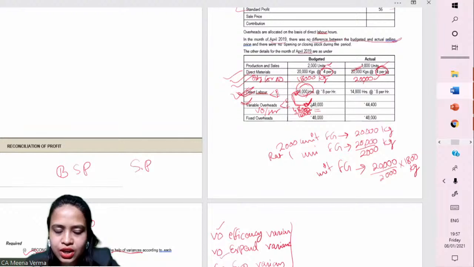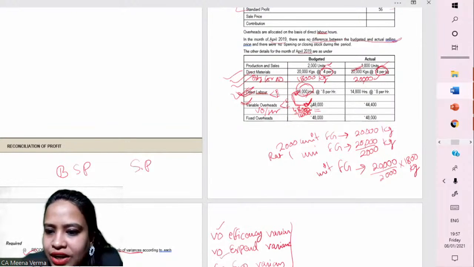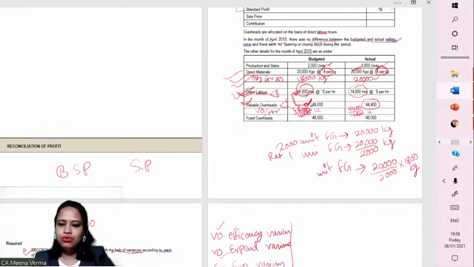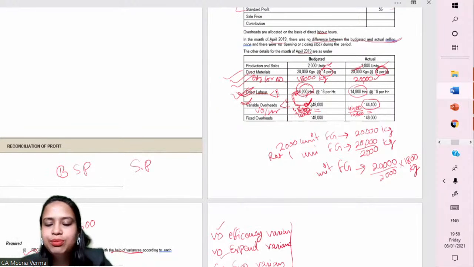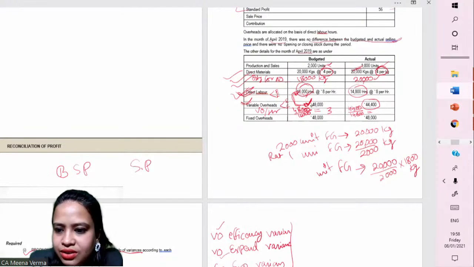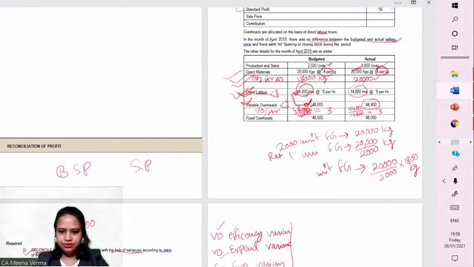Similarly, here you will divide these two values, 44,400 divided by 14,800, and you will get the variable overhead rate per hour. So here it is 3, here it is 3.